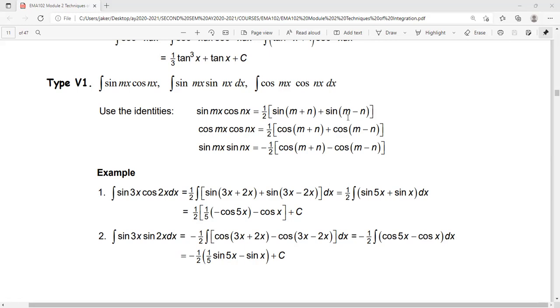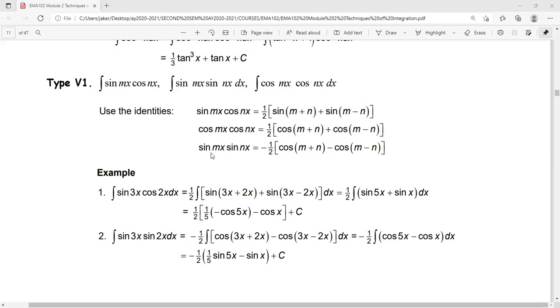So it's m minus n. If it's both cosine with angles not the same, it's still 1/2. But this time, instead of having a sine function here, you will have a cosine function. So it's exactly the same as the formula for the combination of the sine and the cosine. The only difference here is that instead of the sine, you'll be using cosine.